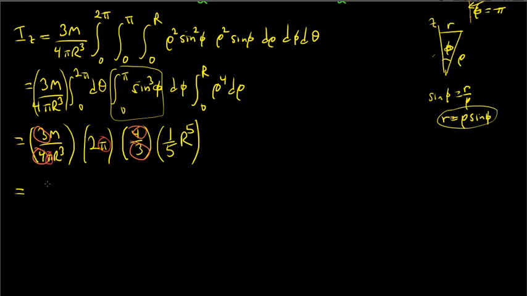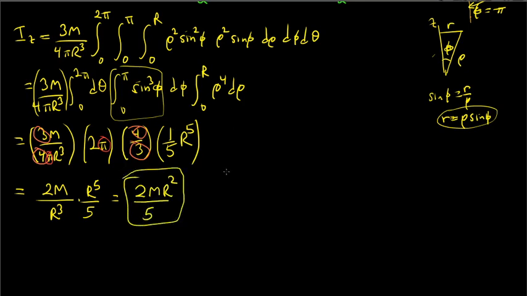So we have 2m on the top, r cubed on the bottom, and then we have r to the 5 over 5. So we get 2mr squared over 5. And this is indeed the moment of inertia about any central axis. We just use the z-axis for convenience here, of a ball of mass m and radius r.